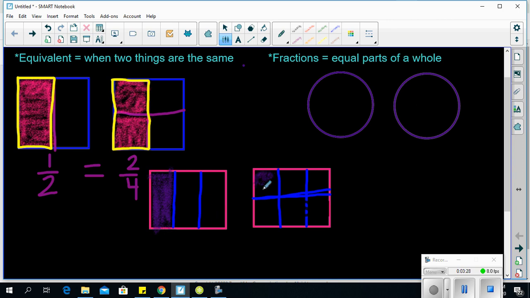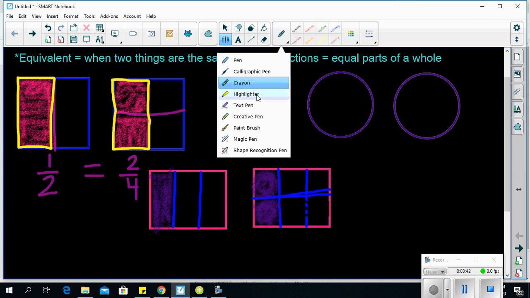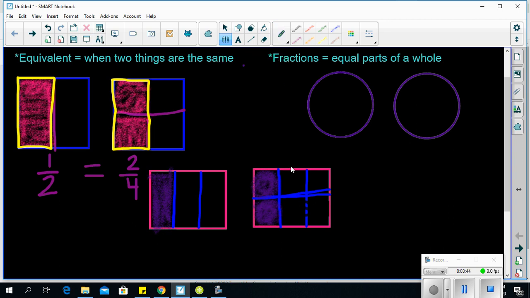Now I'm going to shade in the same size of piece as I have shaded in on that other rectangle. Even though I shaded in 2 pieces, what I notice is that the same size piece is shaded. There are more pieces in this one, and the pieces are smaller, but when I put 2 together, I can equal the one piece. So that's what equivalent fractions are all about.